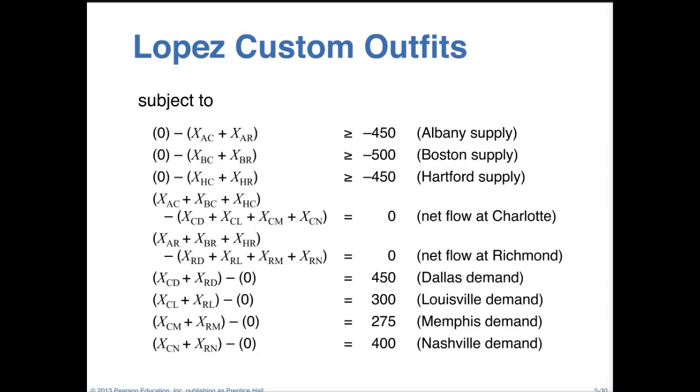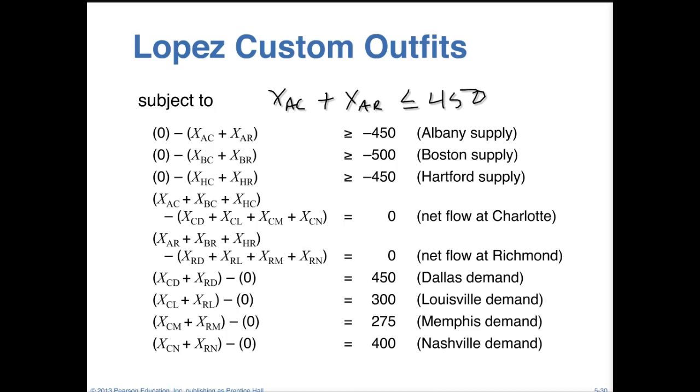Now the constraints. If you notice here, the Albany supply is 450. And again, we could rewrite this if you wanted to. We would say the supply has to be 450 or less, but since we're doing it in terms of everything that's negative is pure supply, everything that's positive is pure demand, that's why you see it written like this.